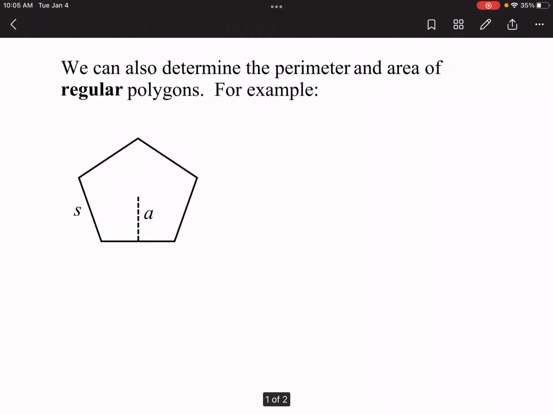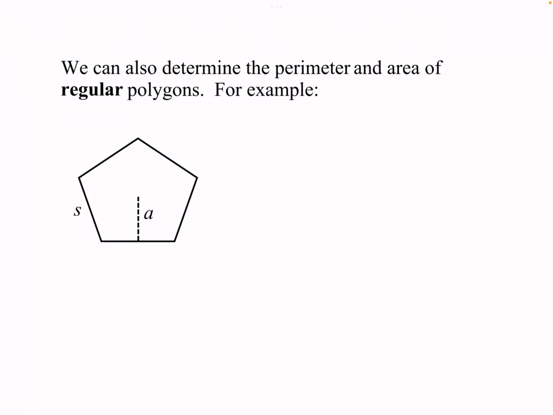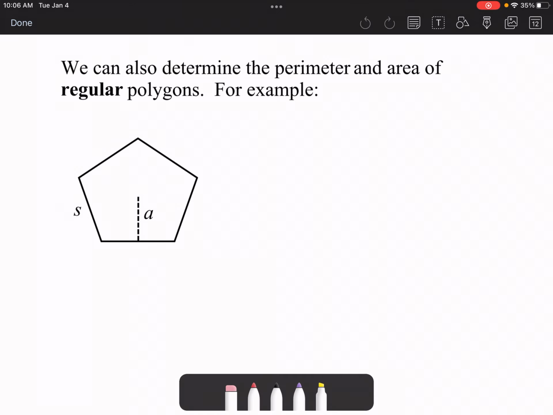So first off, we can find out the perimeter and area of any regular polygon. So right here I have a regular pentagon being drawn. And I have two other measurements. One called the side length, which is given by this value s, and another one which we call our apothem.